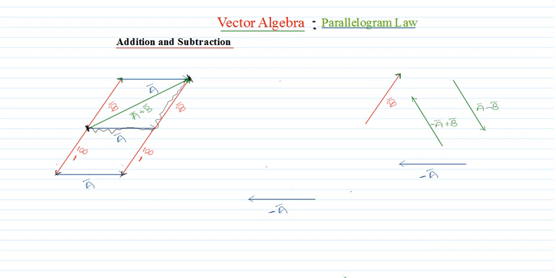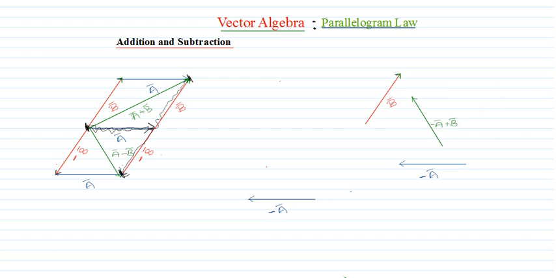Okay, so now we have to get vector a minus b. So in order to do that, see, this is the starting point and this is the ending point. So we will go in the vector a direction, this is positive vector a, then we are moving in the negative vector b direction. So to get that one, let us join the line from tail of vector a to the tip of vector b. So this gives me vector a minus b.